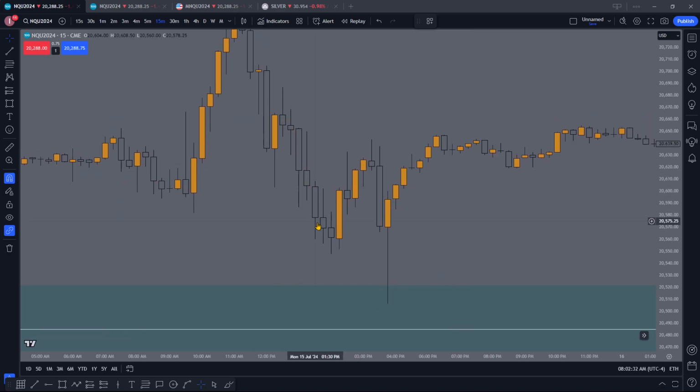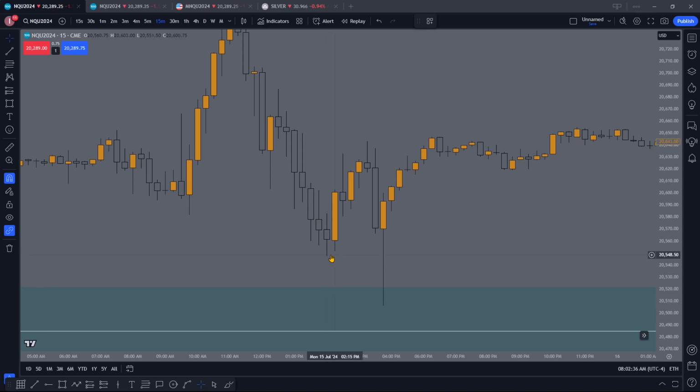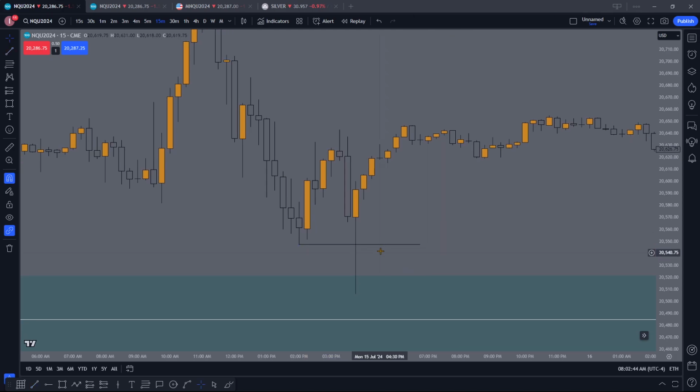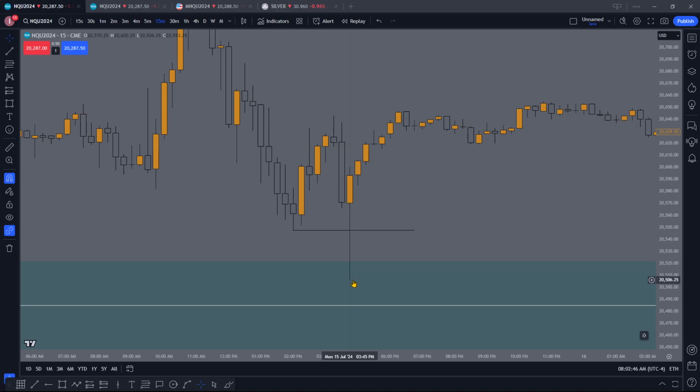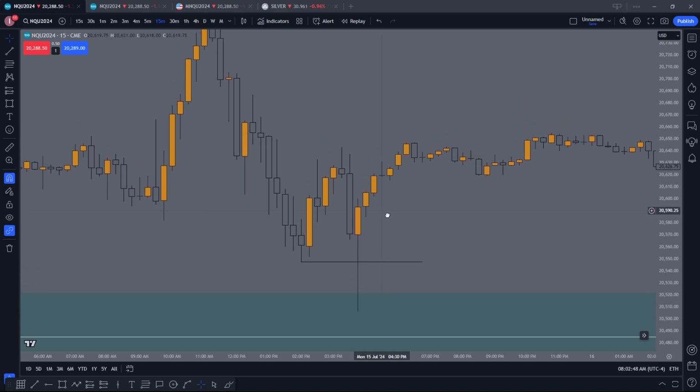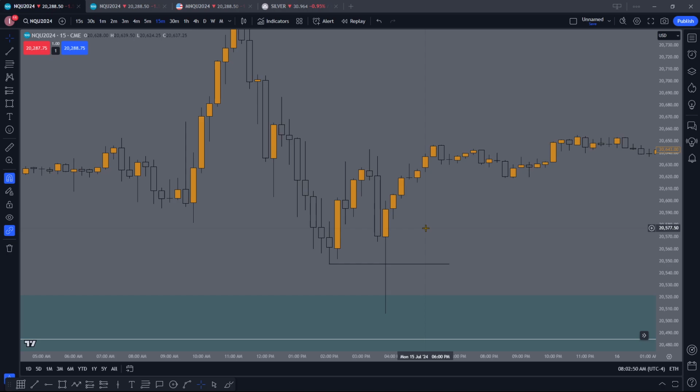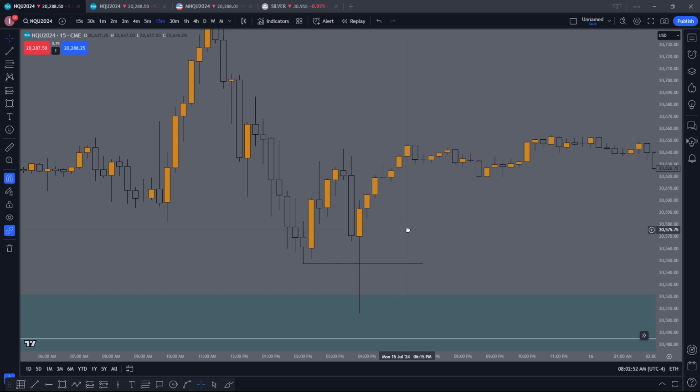We induce sellers within this early manipulation lower, and then we induce early buyers within this manipulation higher, leaving breakout orders at this low. So this here registers for a higher probability soup, moving into a key level, and then we can start to expand higher. But what does this leave behind here?